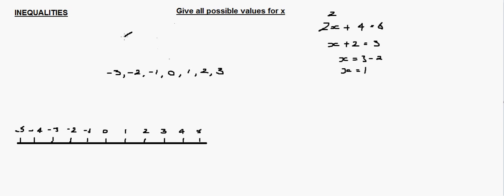So we put in our sign. So let's say we have 2x plus 1. Okay, so let's say that this is 5 and this is minus 3.